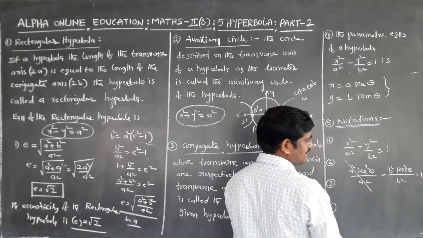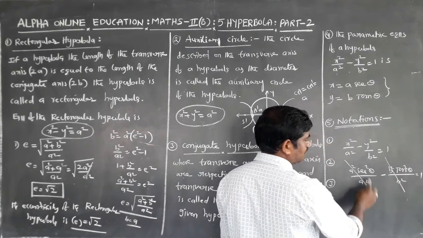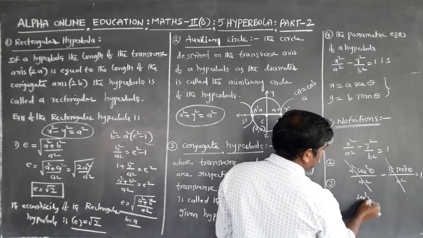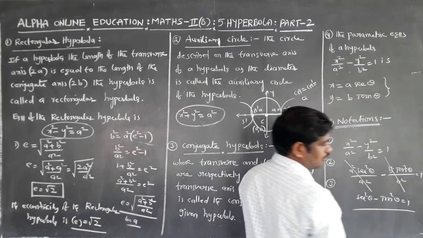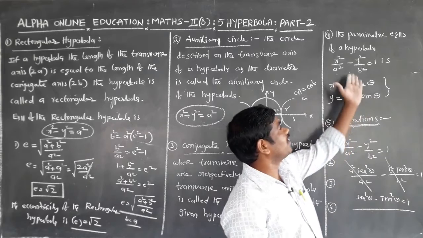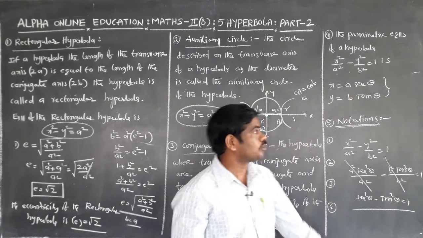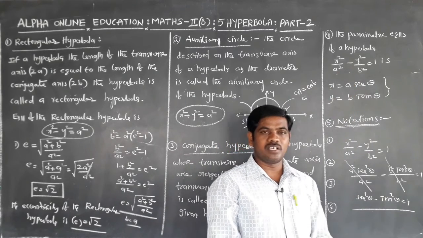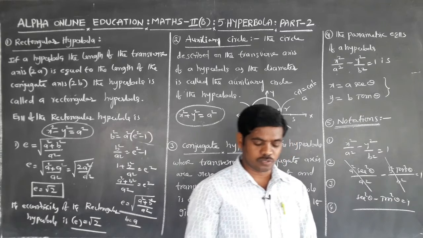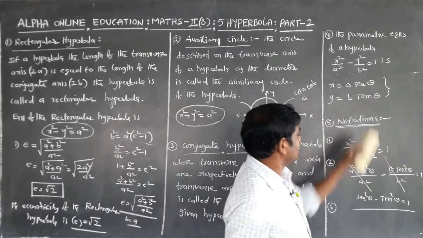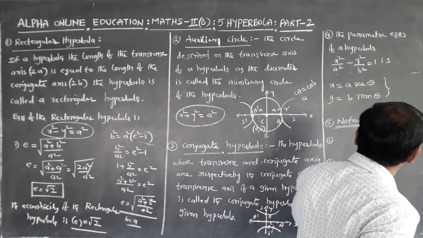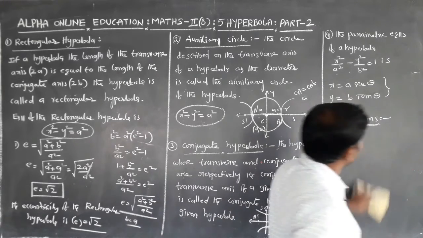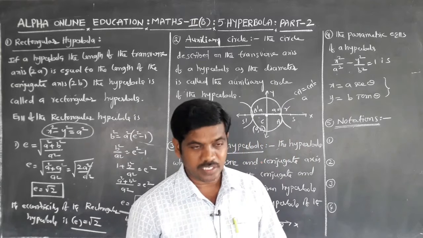Here a square cancels, b square cancels, remaining secant square theta minus tan square theta equal to 1. So theta satisfies the hyperbola. So the parametric equations of the hyperbola are x is equal to a secant theta, y is equal to b tan theta.